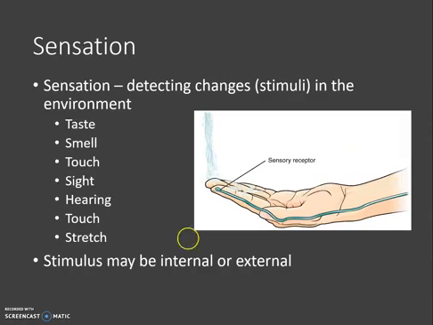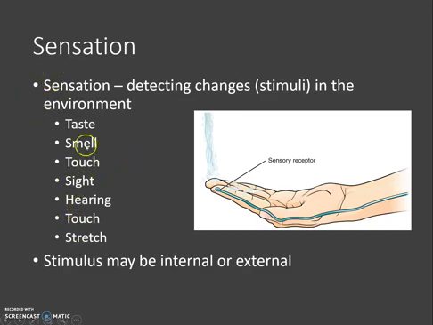So some different things that can trigger sensory receptors are things like taste, smell, touch, sight, hearing, and stretch. We'll talk more about the sensory systems in the next module. But these are all things that have specialized nervous system structures that allow them to communicate with the brain.